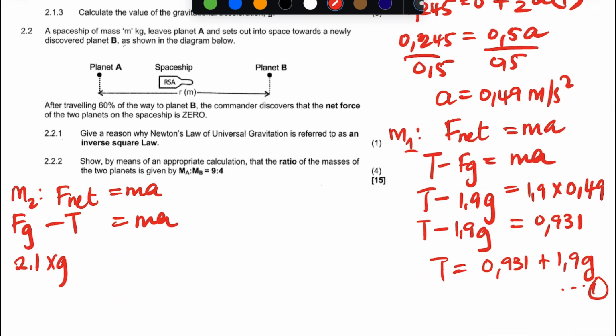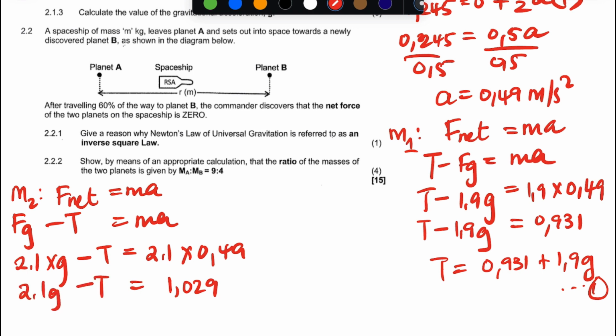We do not have the gravitational acceleration, minus the tension force T, equal to the mass, 2.1 times 0.49, the acceleration that we calculated. So 0.49 times 2.1 is 1.029, and then we'll have 2.1 G minus T. So we can leave that as equation 2.